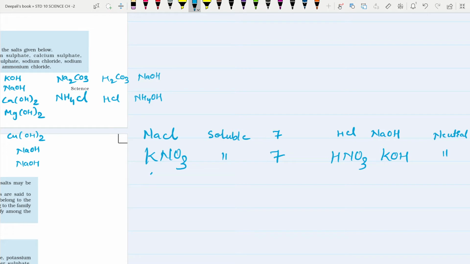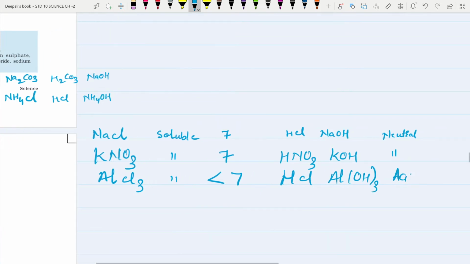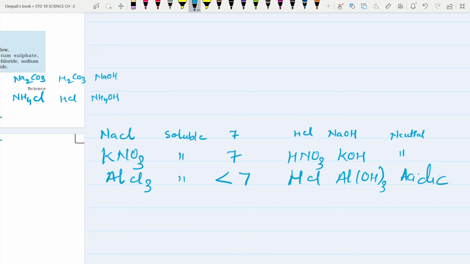Next we have aluminium chloride, AlCl3, which is soluble and the pH is less than 7. It is formed by HCl and Al(OH)3 and is acidic in nature. Next is zinc sulphate, ZnSO4, soluble, pH less than 7.